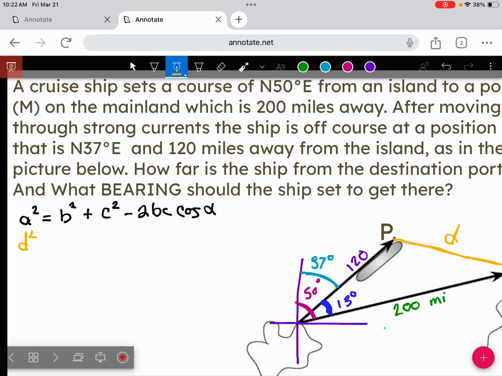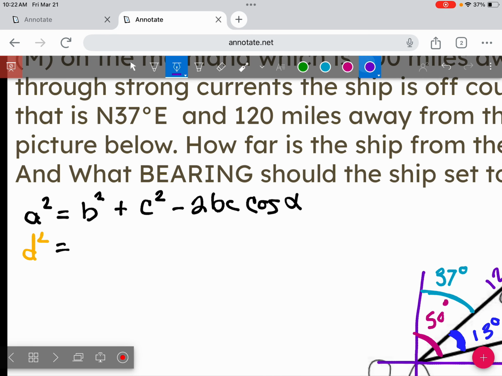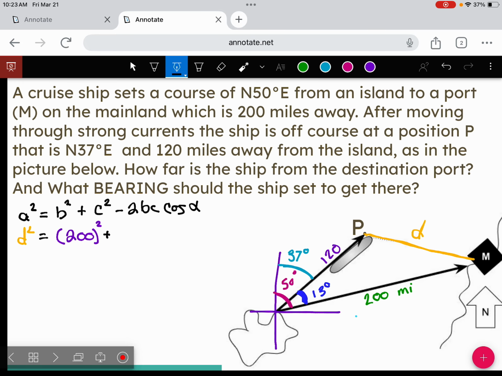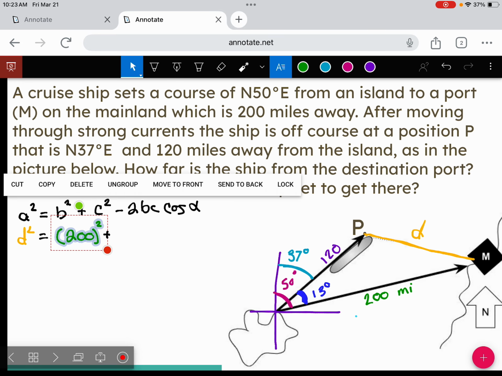because our distance squared is going to be our 200 squared. Oh, I just did 200 in the wrong color. That guy's supposed to be green. There we go.